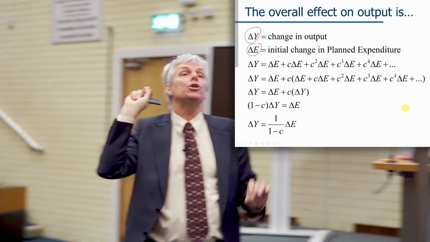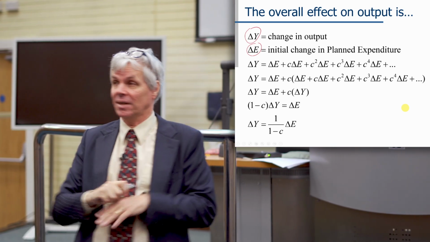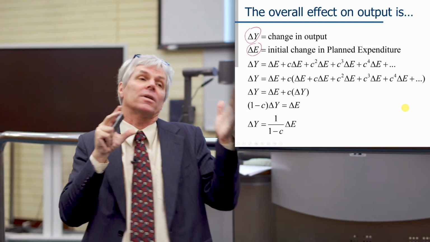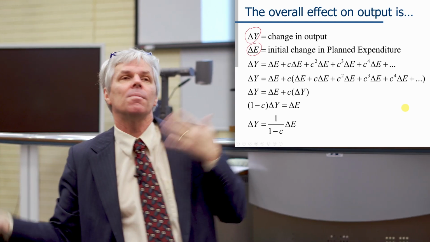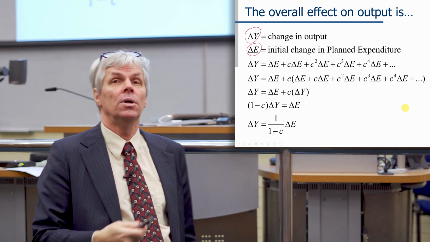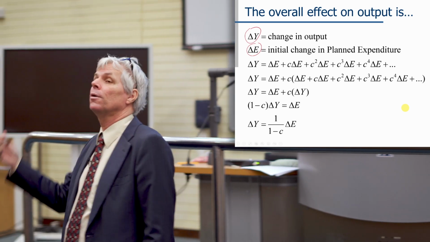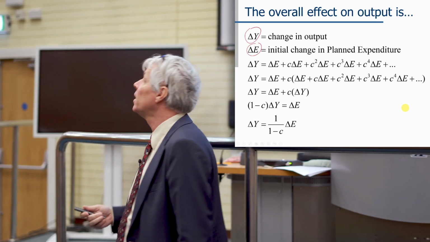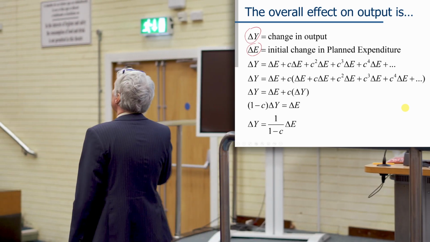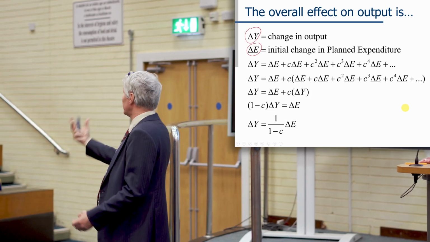Okay? What you should not do is memorize this multiplier, 1 over 1 minus c, because it's not, in general, 1 over 1 minus c. This is just a particularly simple version of the model. I can change the model. The multiplier will be something else. But what you should be able to do is tell me whether something makes the multiplier bigger or smaller. So if, for example, I say now we have income tax, and so the government takes part of your income.